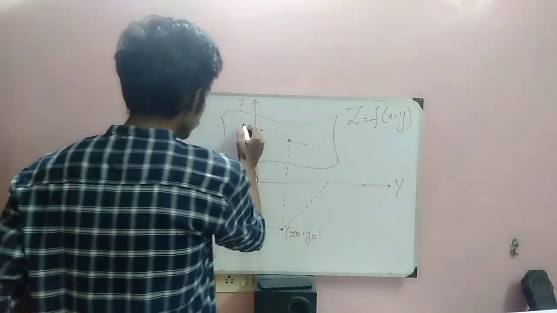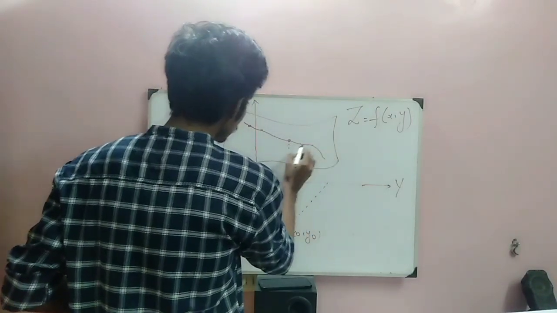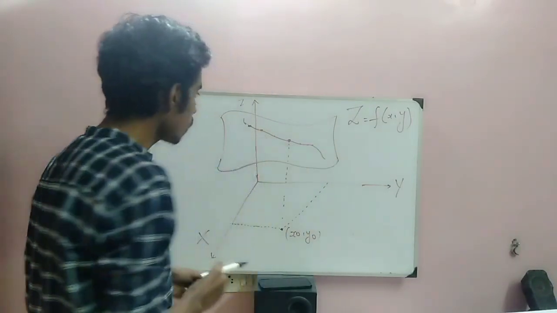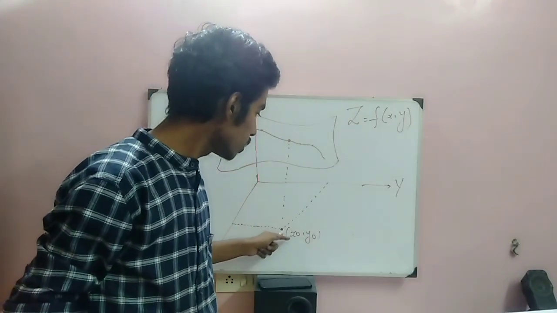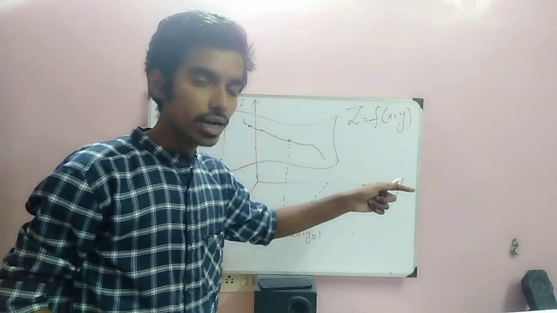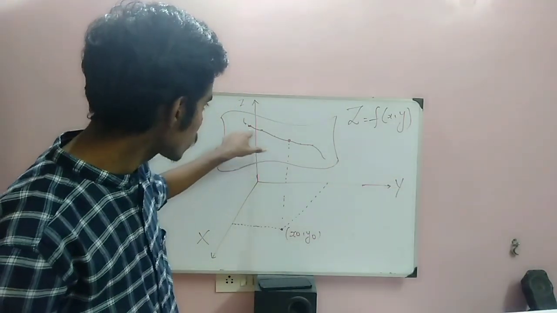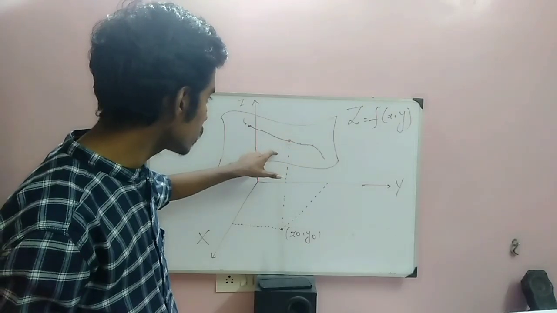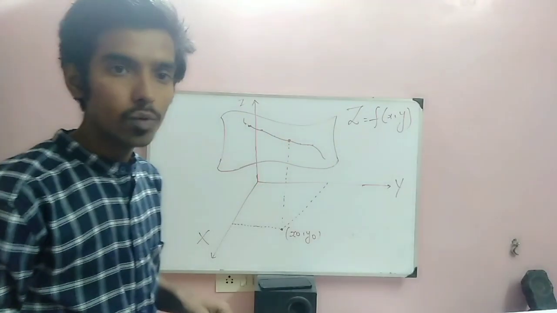Let us say this is our graph, obtained by fixing x naught and changing y naught. Now it is possible for us to speak about a tangent line at this point. Why?